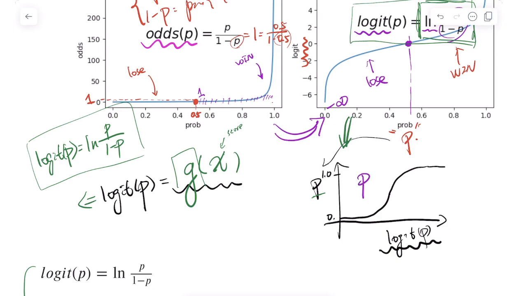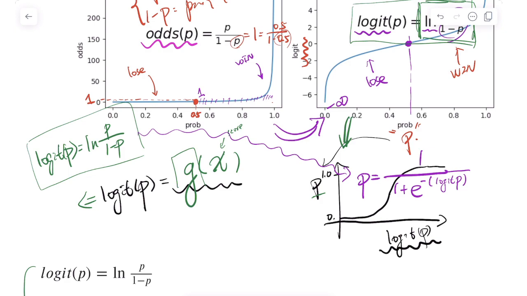the probability equals 1 over 1 plus e to the power of minus logit. We simply flip this value and it becomes this one. So the shape is exactly what we talked about.